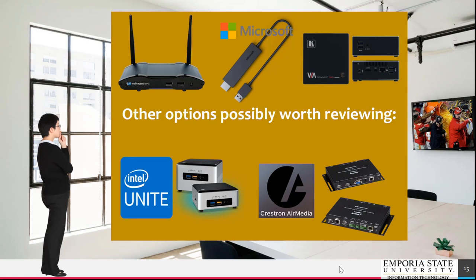Of all of these products, the Intel Unite, Crestron Air Media, and Kramer Via are the high end of the price point and also offer features similar to your Mersive Solstice pods. So they will be able to do things like simultaneously display multiple users on the screen and maybe even do extended display on two different screens at the same time and things like that.